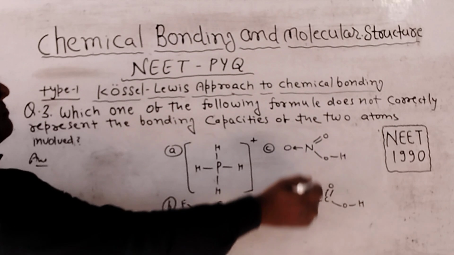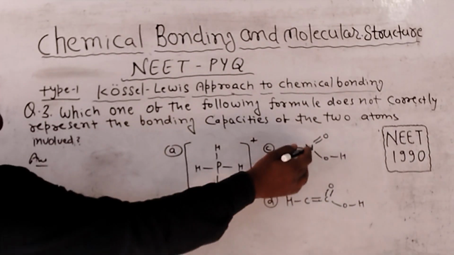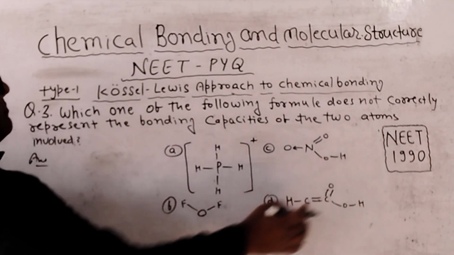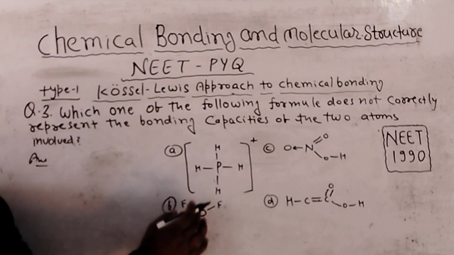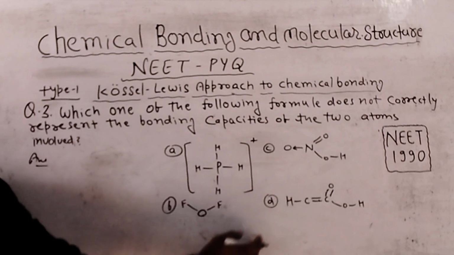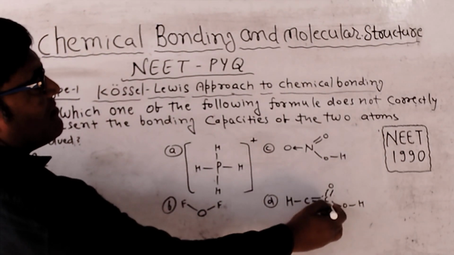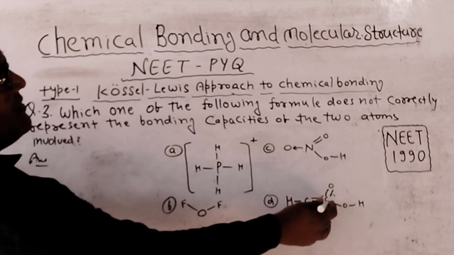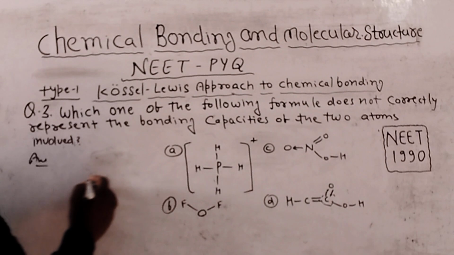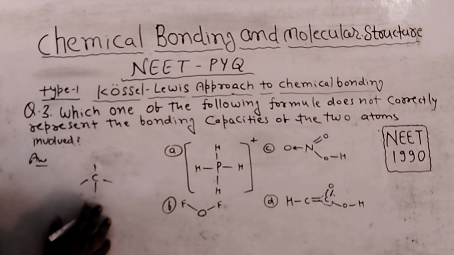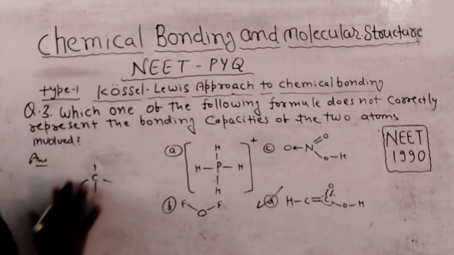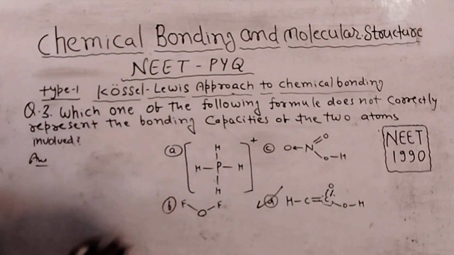Oxygen completes its octet. Nitrogen also completes its octet. Hydrogen completes its duet. Here fluorine completes its octet because fluorine is monovalent, oxygen is divalent. But in this case, this carbon is pentavalent, but actually carbon is at most tetravalent. So option D is correct.